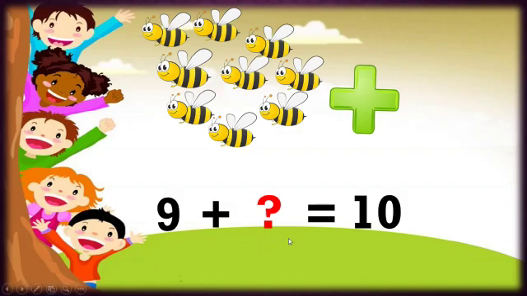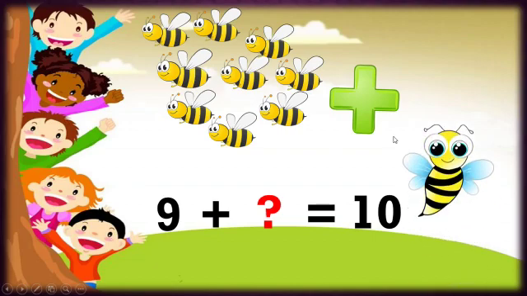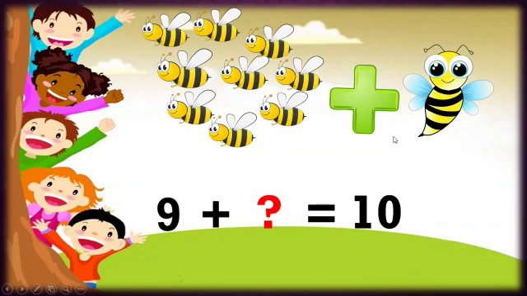Now, how many honeybees do we require to make it 10? We will count next from 9. Count it with me. What comes after 9? 10. Very good. We need only 1 honeybee to make it 10. That means 9 plus 1 is equal to 10.